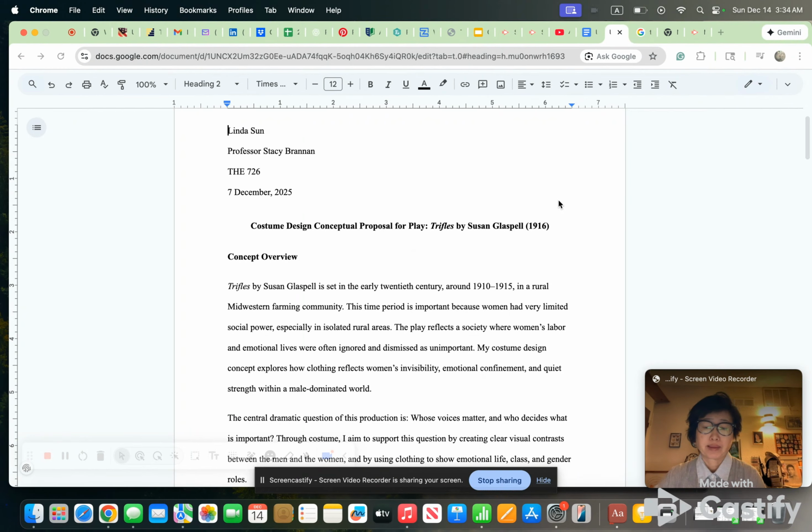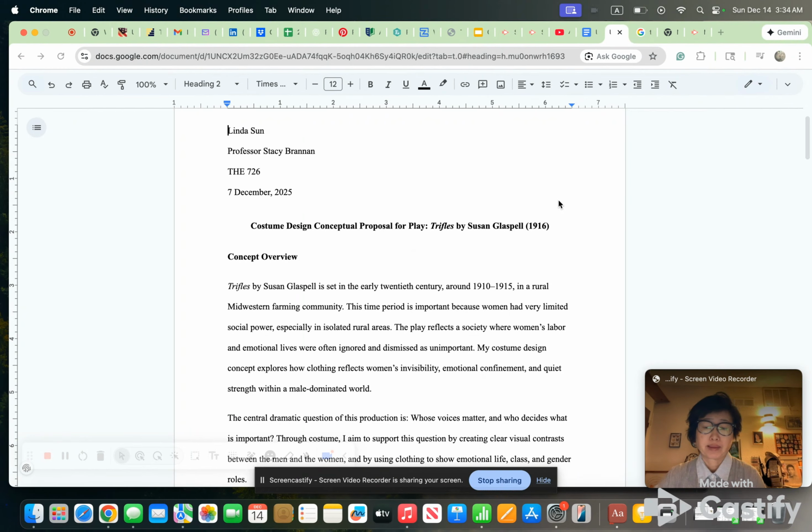My costume design concept explores how clothing reflects women's invisibility, emotional confinement, and quiet strength within a male-dominated world.